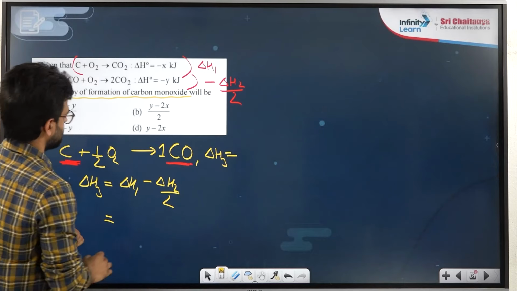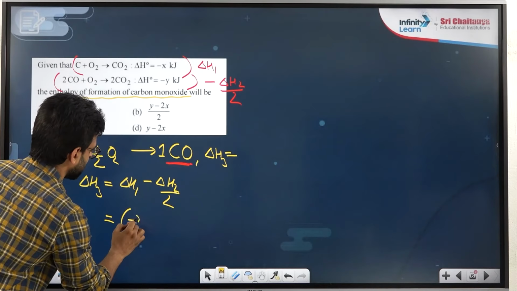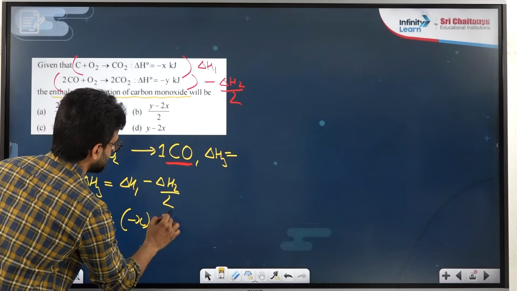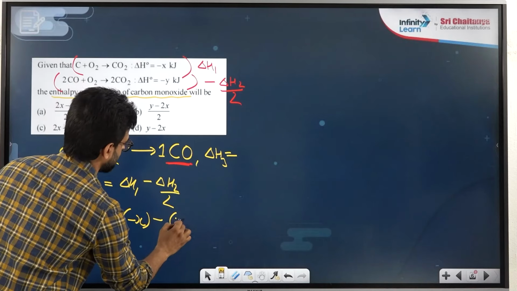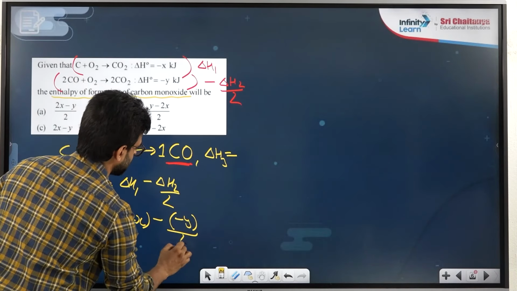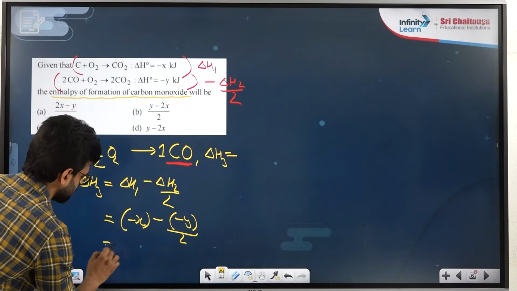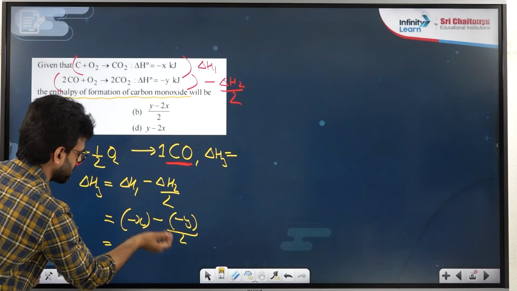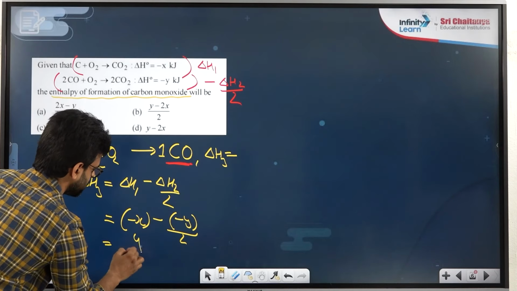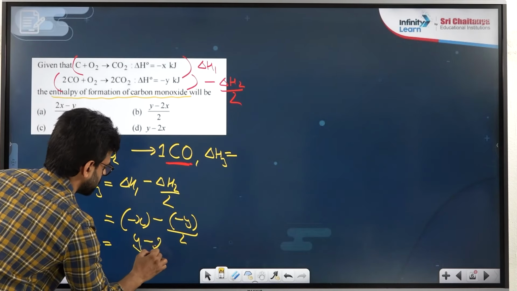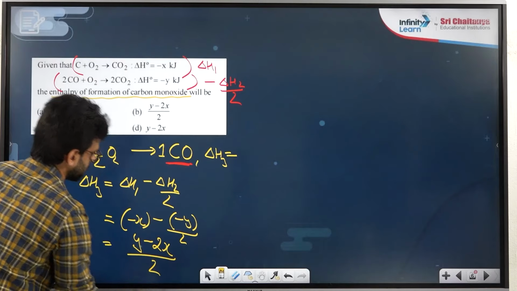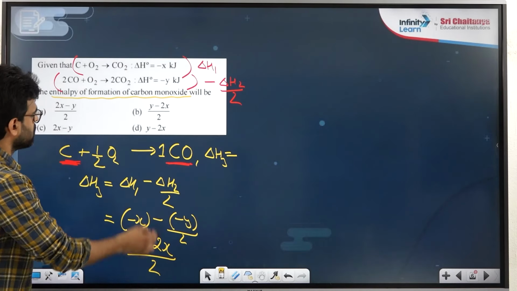Values are given to us. Delta H1 they are saying is minus X. Delta H2 value is minus Y, divided by 2. If you solve this, minus and minus gives plus, so it is coming as Y minus 2X, divided by 2. Clear? So what is coming?